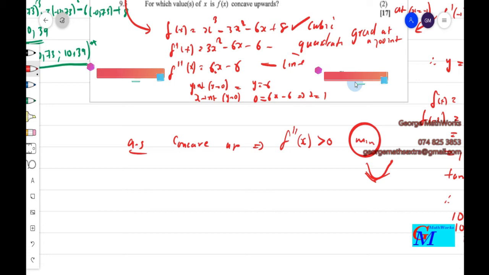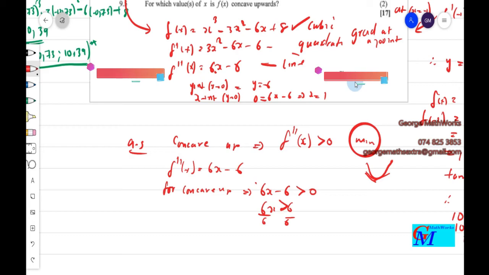So we have already found the second derivative, f double prime of x, to be equal to 6x minus 6. So for concave up, it means that 6x minus 6 should be greater than 0. So 6x should be greater than 6. You can divide.